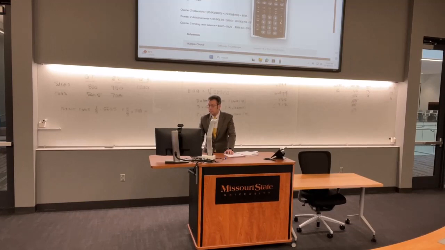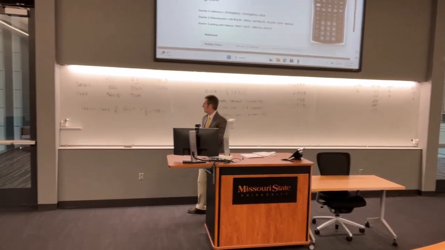So we can go ahead and figure that one out. 560.5 divided by 3 plus, open parentheses, 2 times 708 divided by 3, close parentheses, equals, I'm getting 658.83.